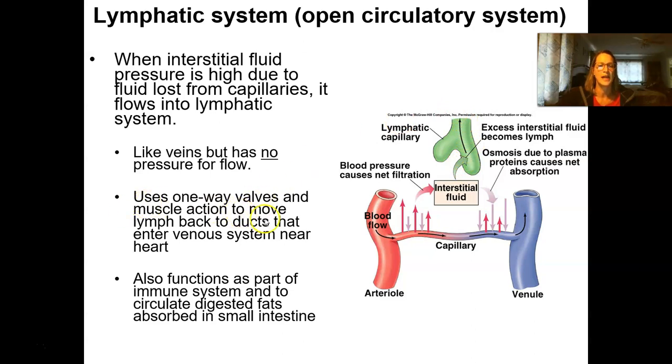One-way valves and muscle action move the lymph back to lymph ducts, and the ducts connect the lymphatic system back with the cardiovascular system. So the lymphatic system picks up all this extra interstitial fluid that gets lost from the capillaries and returns it to the blood.